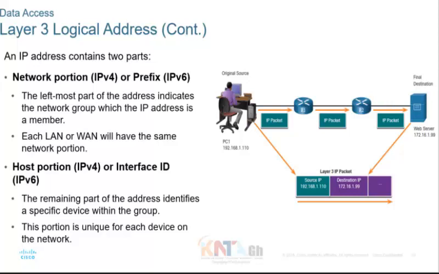Each local area network or wide area network will have the same network portion. For IP version 4, the remaining part of the address identifies a specific device within the group. This portion is unique to each device on the network.